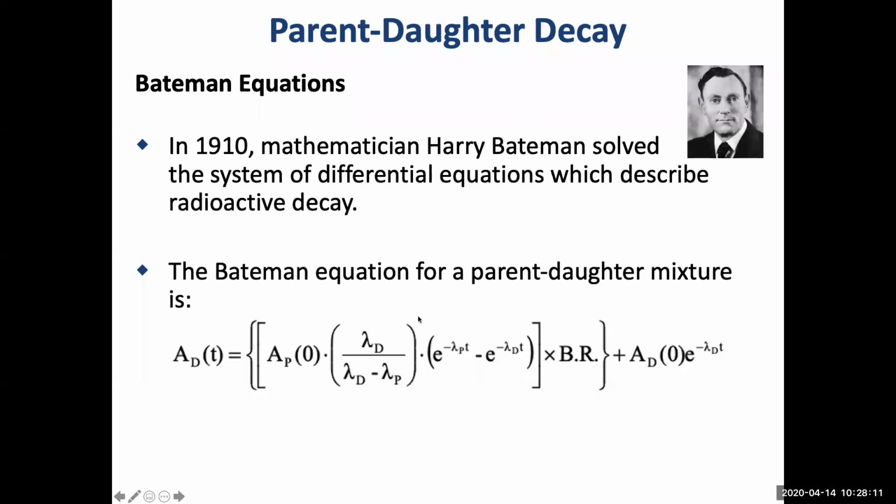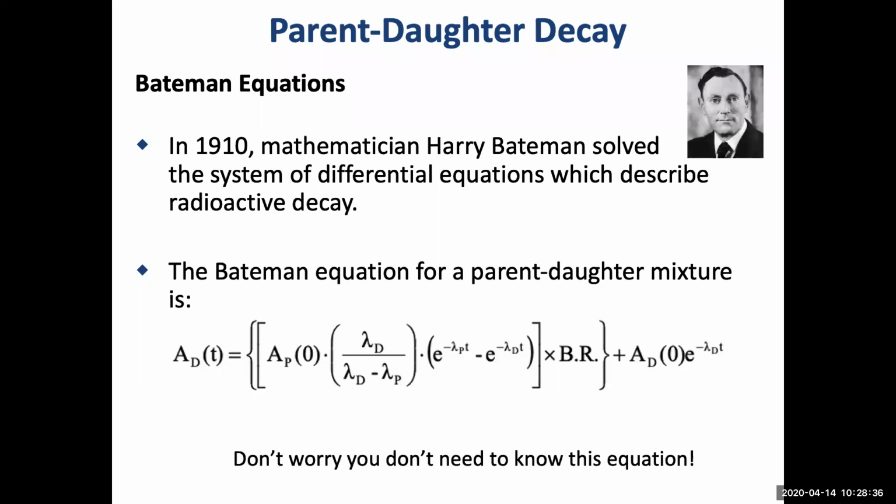This equation for the activity of a daughter is complicated by the fact that the daughter product is being formed by decay of the parent, and at the same time it is decaying. So the daughter is created as the parent decays, and at the same time the daughter is decaying as well. So it is very complicated. But don't worry, you don't need to know this equation.